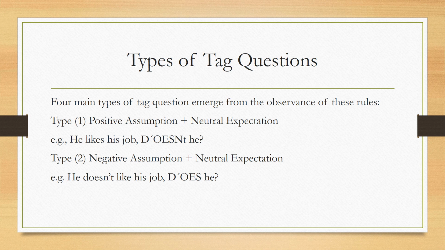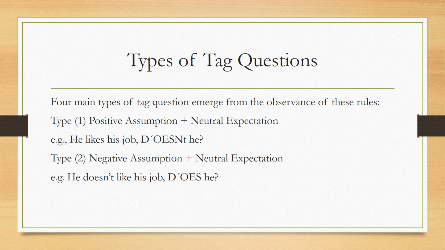So when we say positive assumption, that your statement is positive, your tag question is going to be what? Negative. Which tone are we going to use to produce such a question? The rising tone. Okay, so for example, he likes his job, doesn't he?